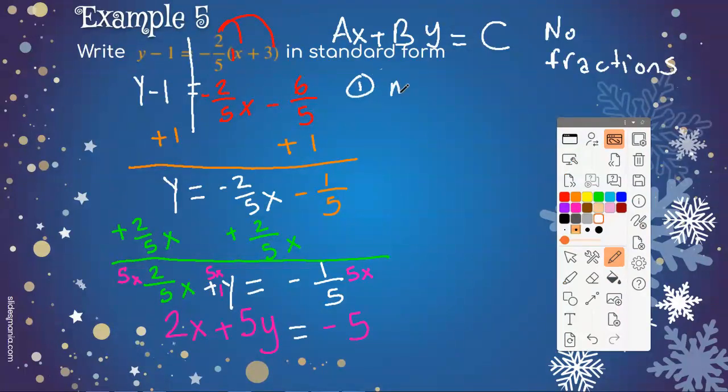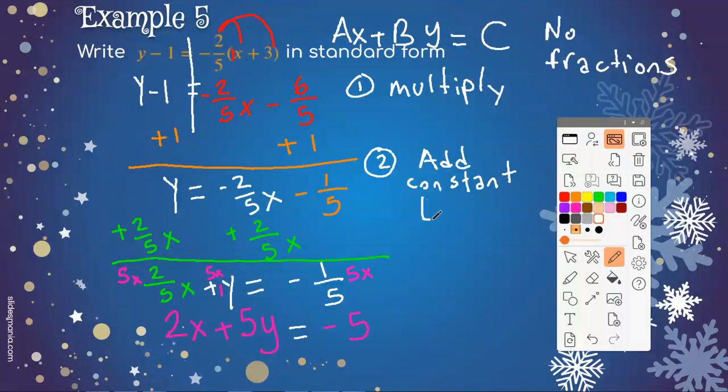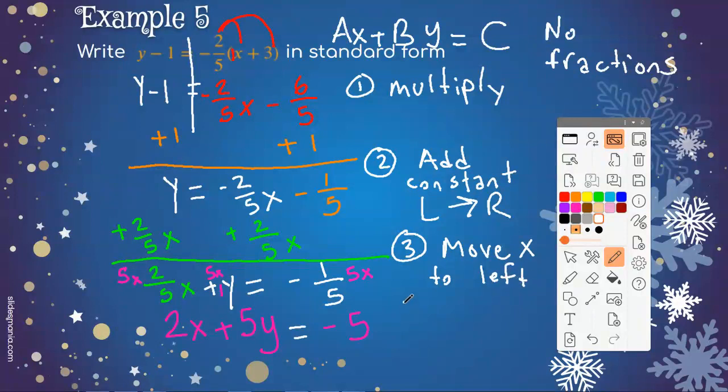So again, let me go over the steps here. Step 1, multiply. Step 2, add. It's called the constant. Left to right. Step 3, move x to left.